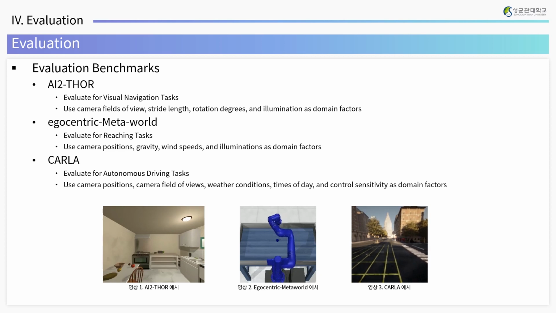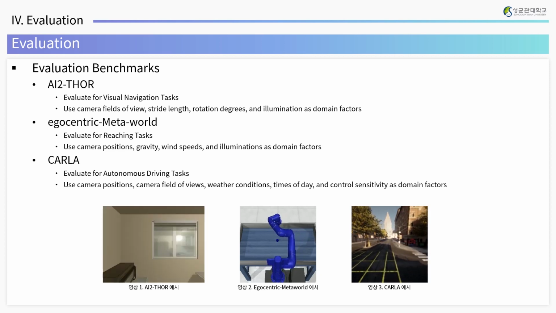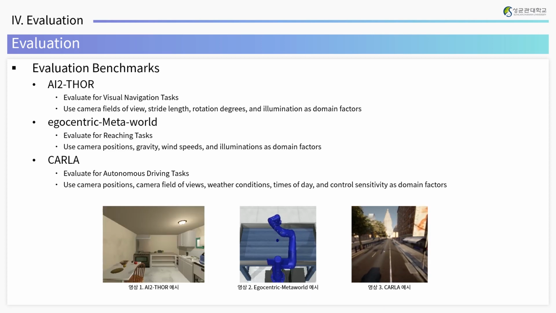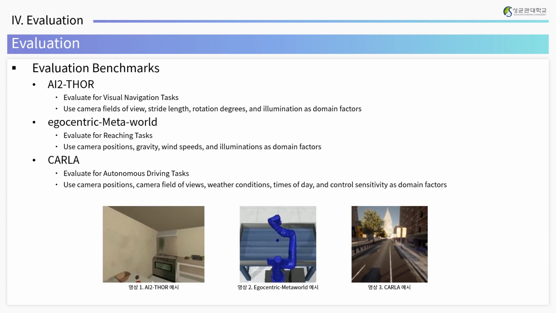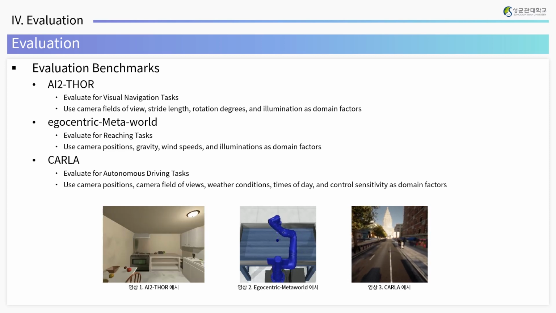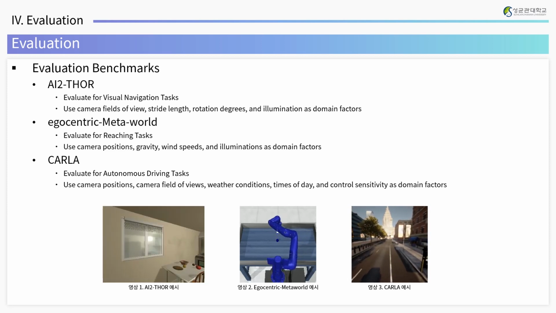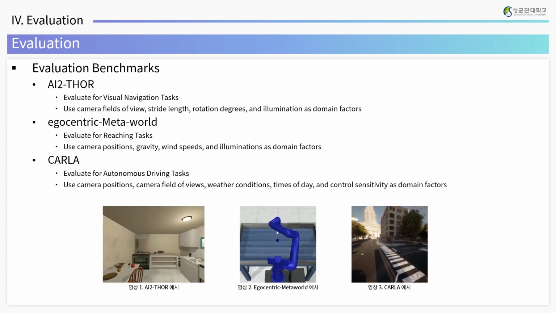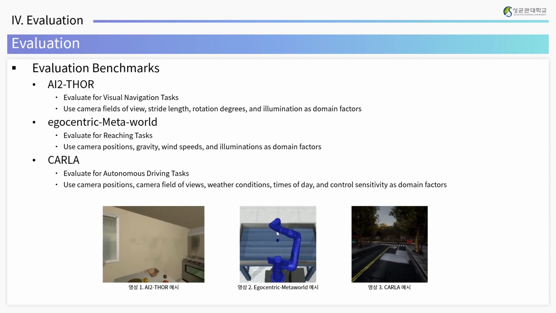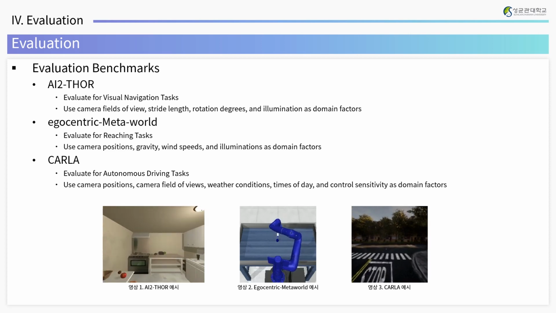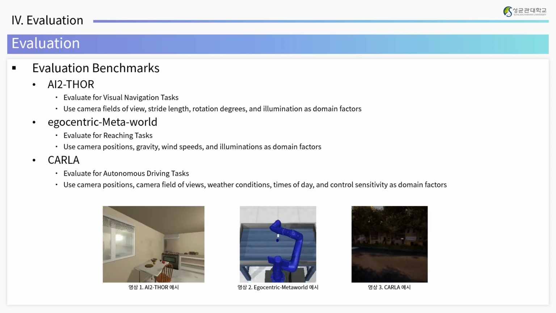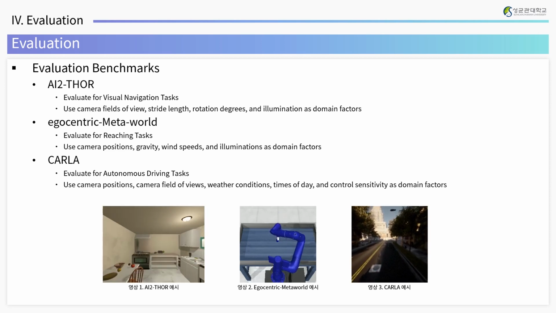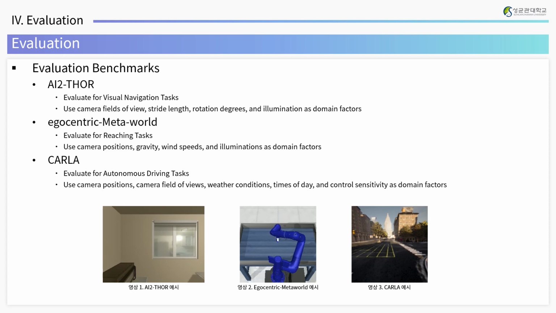For embodied AI settings in MetaWorld environments, we slightly modified MetaWorld to have egocentric images as observations. We used tasks such as Reach and Reach-Wall for our experiments. For zero-shot adaptation scenarios, 70 different domains are randomly generated with predefined domain factors such as camera positions, gravity, wind speed, and illuminations.